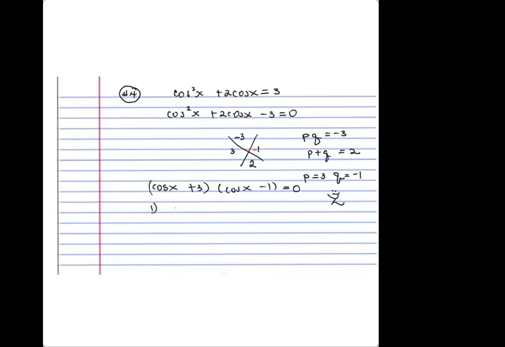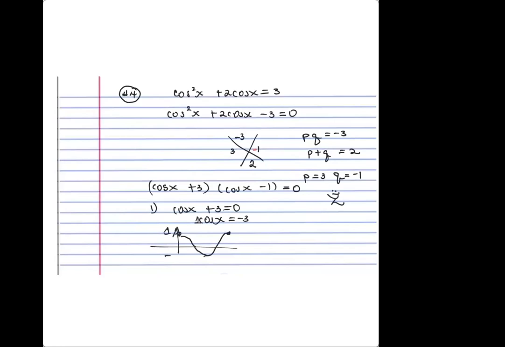So in the first case, I'm going to have cosine of x plus 3 equaling 0, or cosine of x equaling -3. And that's an impossibility. The cosine graph, if you recall what it looked like, had an amplitude of 1. That was the coefficient of the cosine. So it started at 1, it crossed at the quarter point, went down, and then crossed back again, and then it topped out at 1.